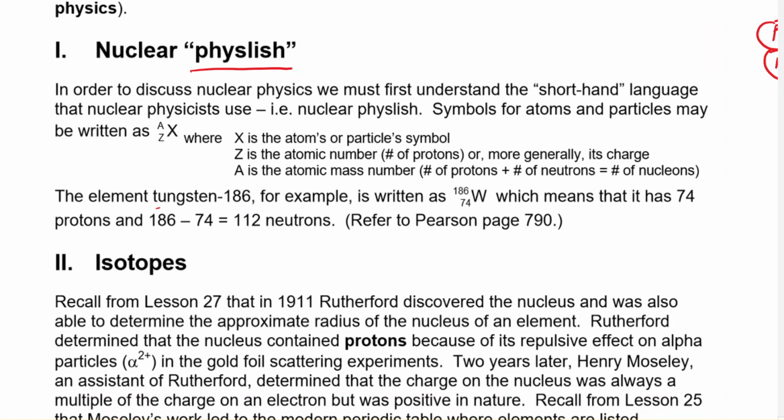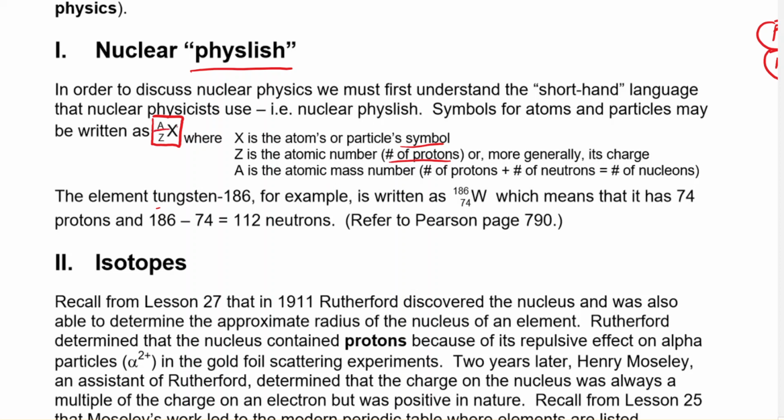All right, so what we're going to do is talk about some atom. That atom could be whatever the symbol was, so the symbol for the atom. Maybe that's carbon or something like that, right? And then Z is going to be the atomic number, so the number of protons or the charge, right? And then A is going to be the atomic mass.